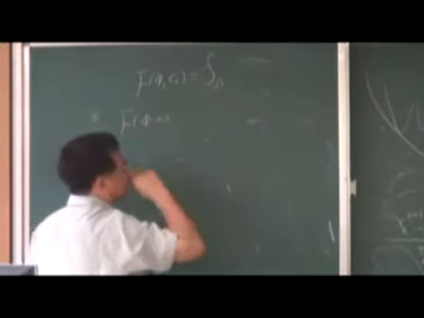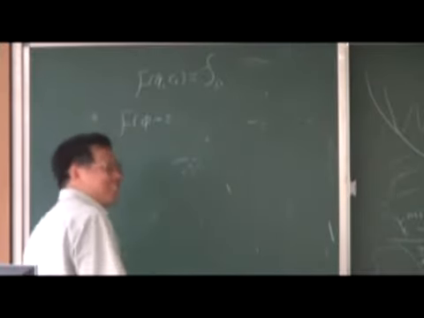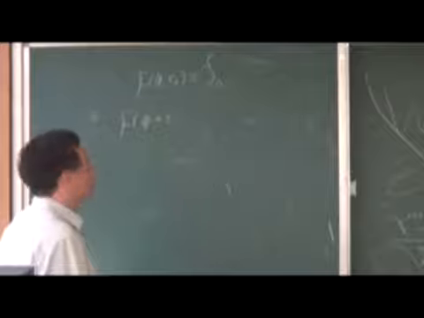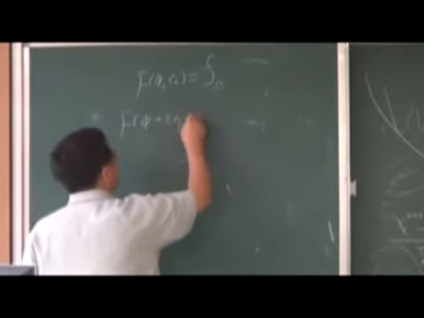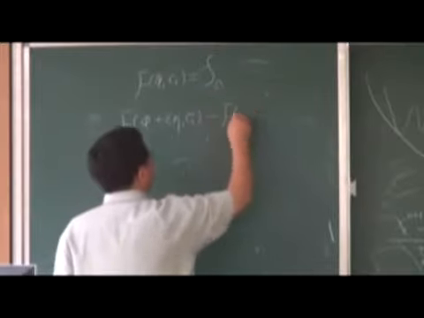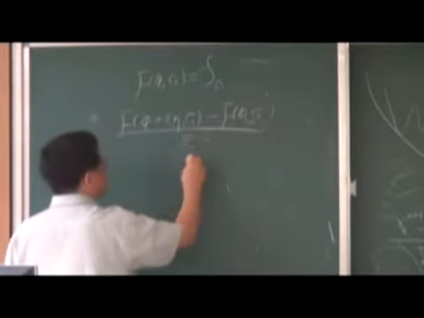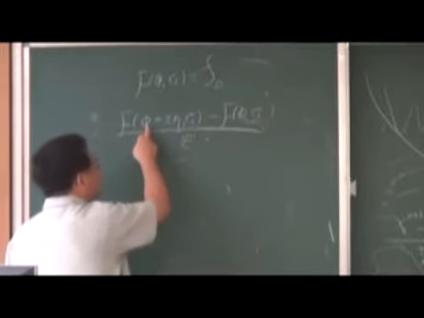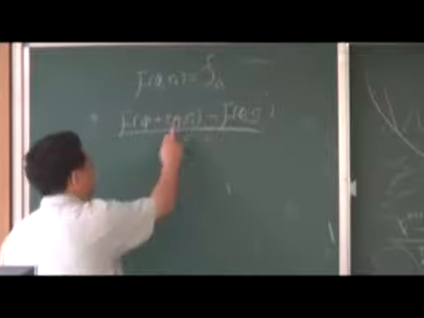I did this on Sunday very quickly, so there was not enough time to check. You see that when epsilon goes to 0, if phi is a minimizer, this should be 0 for arbitrary eta.